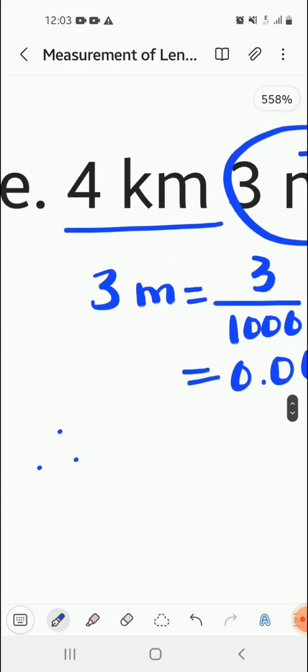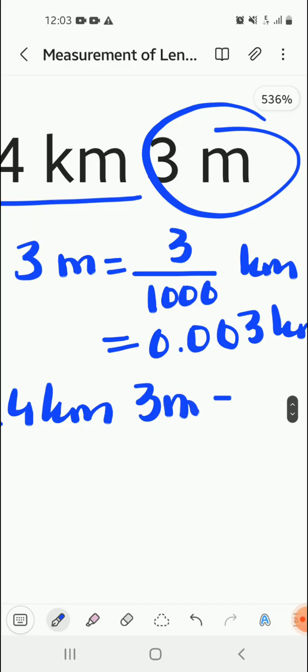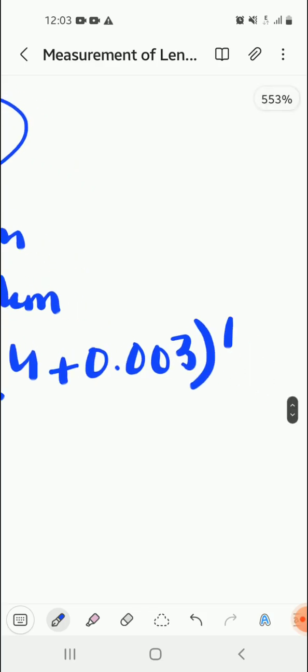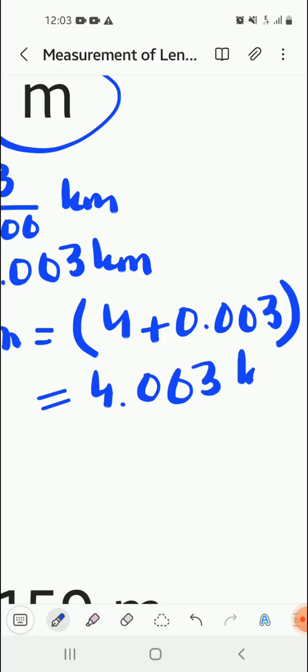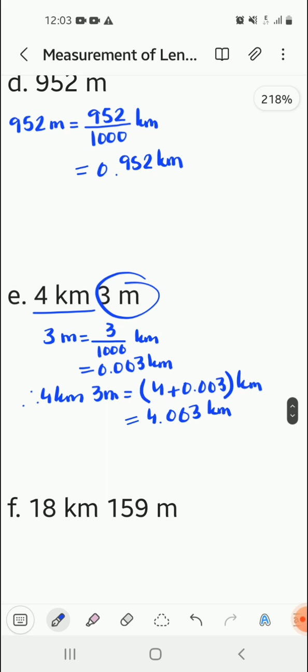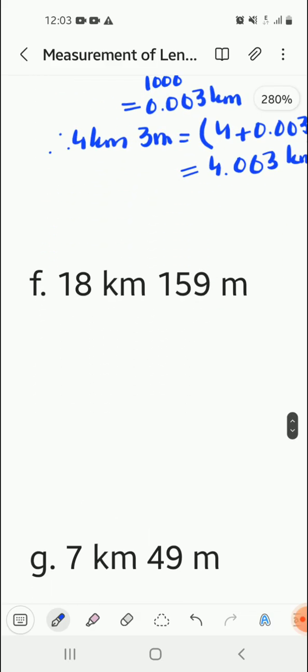So therefore 4 kilometer 3 meter will be equal to 4 plus 0.003 kilometer, which is equal to 4.003 kilometer after adding. That is it.